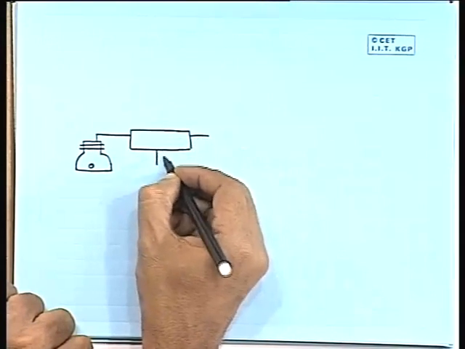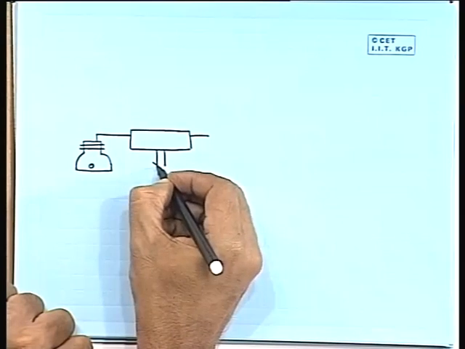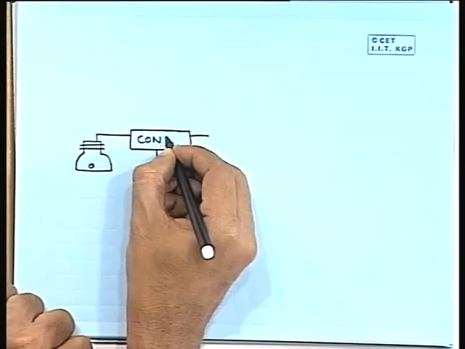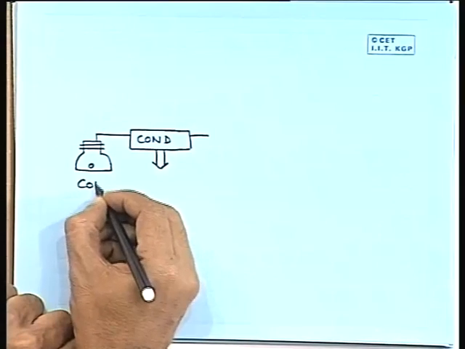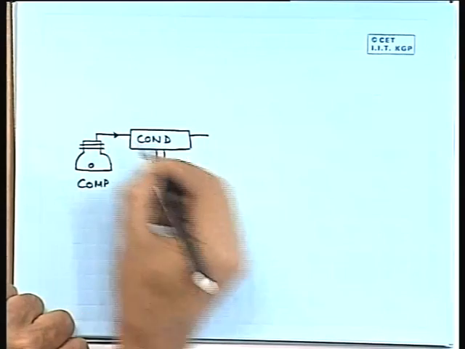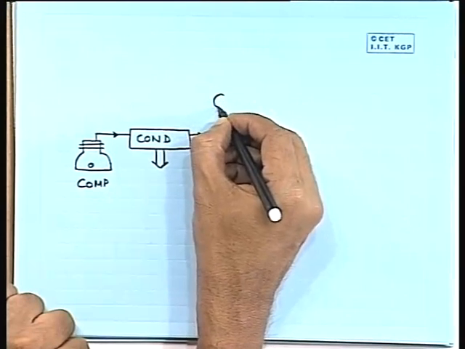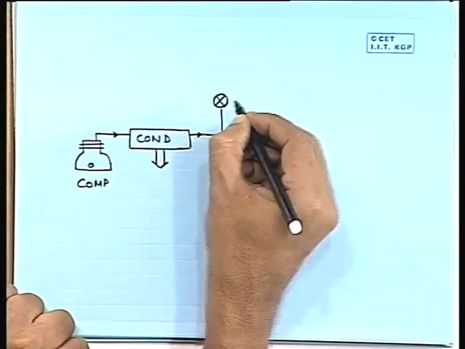In the condenser it will reject heat. So, this is the condenser, this is the compressor, and then there is an expansion device.